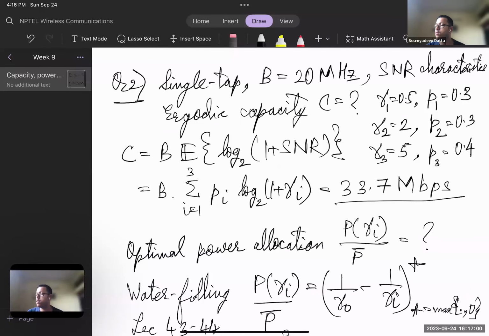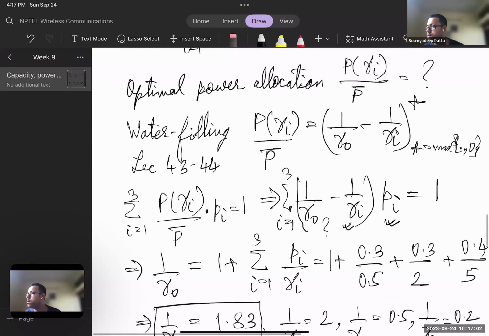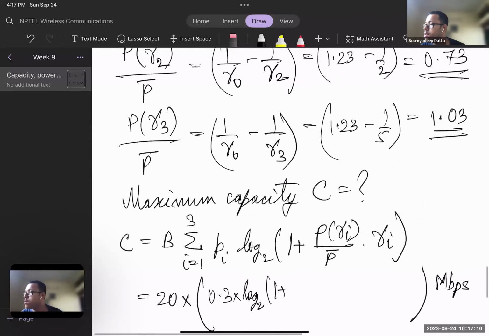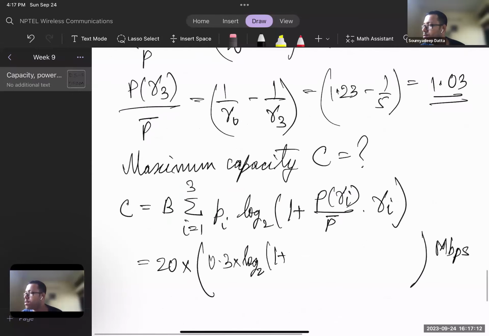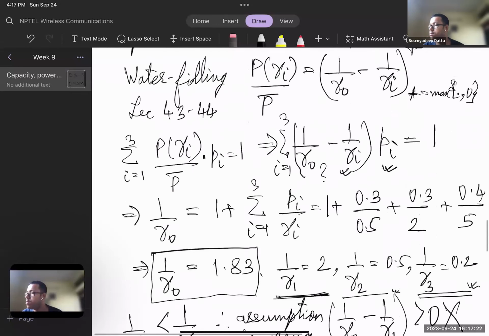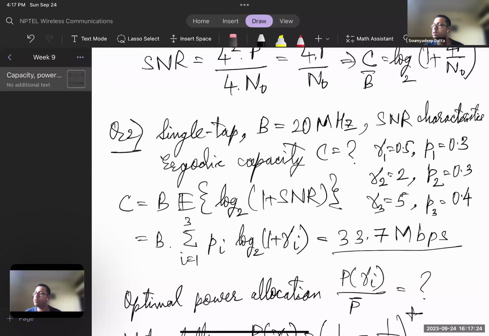The third state is 0.4 times the allocation for the third channel. So 0.3 times log of 1 plus, what is the second channel allocation? 0.73. So 0.73 times gamma I. Gamma for the second channel was 2, and for the third channel it is 5.